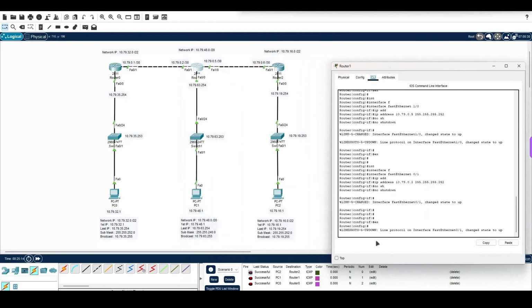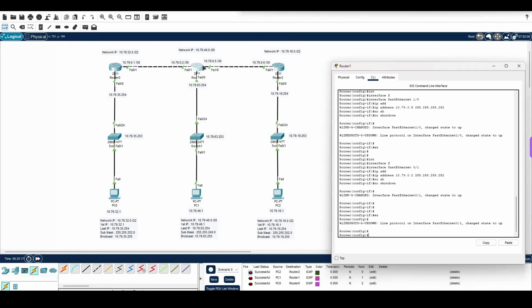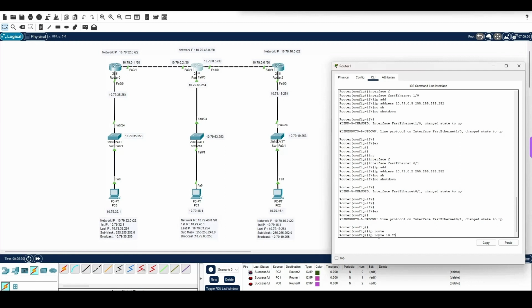With the middle one, it's a bit different because the middle one has two links going out. So we cannot do the default route command for this one. We need to specify the destination. We will do that by ip route.